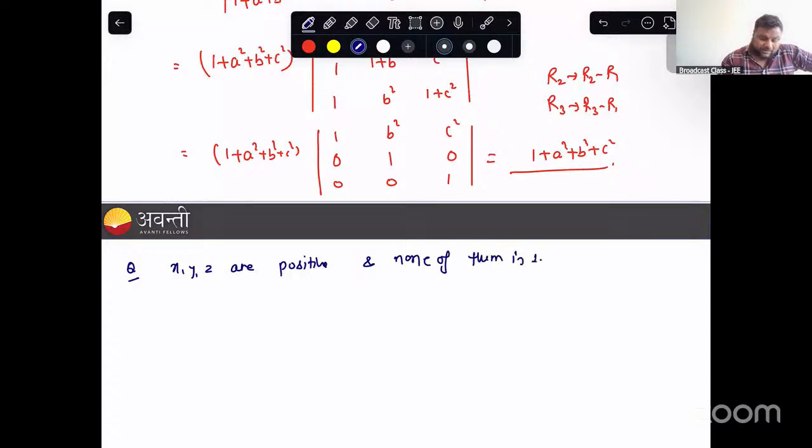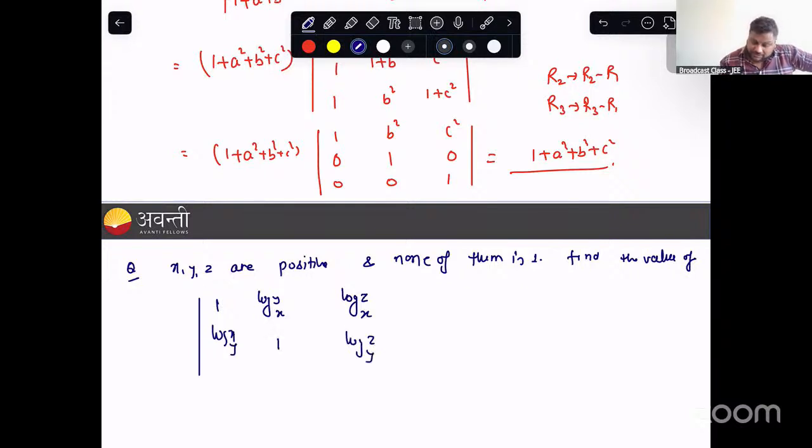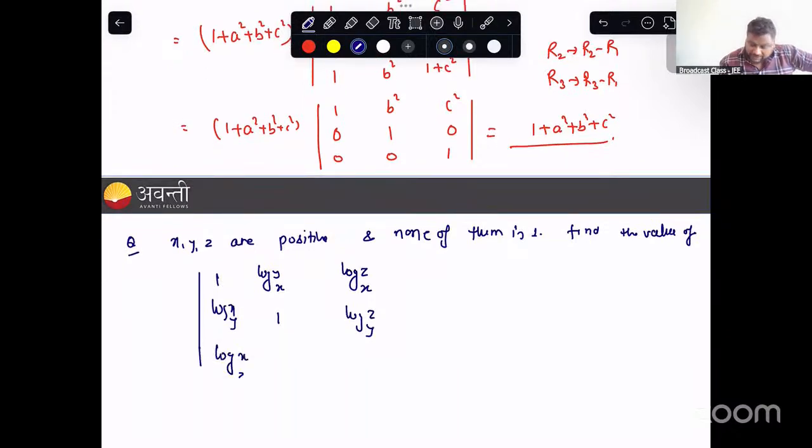Find the value of the determinant: 1, log y base x, log z base x; log x base y, 1, log z base y; log x base z, log y base z, 1. Yes, any idea?